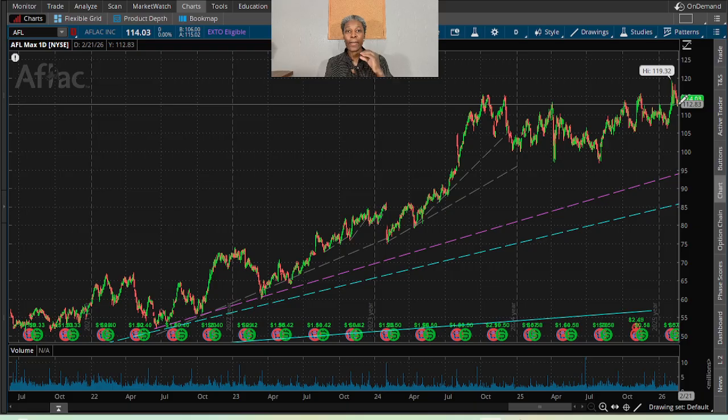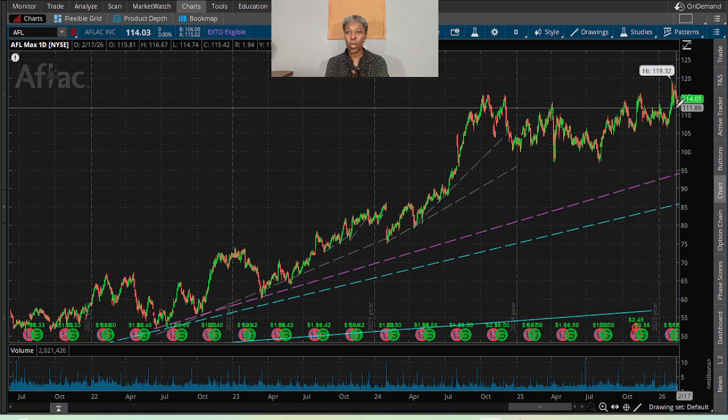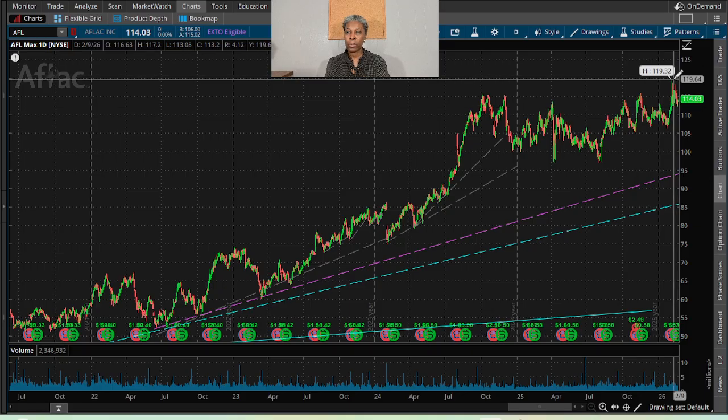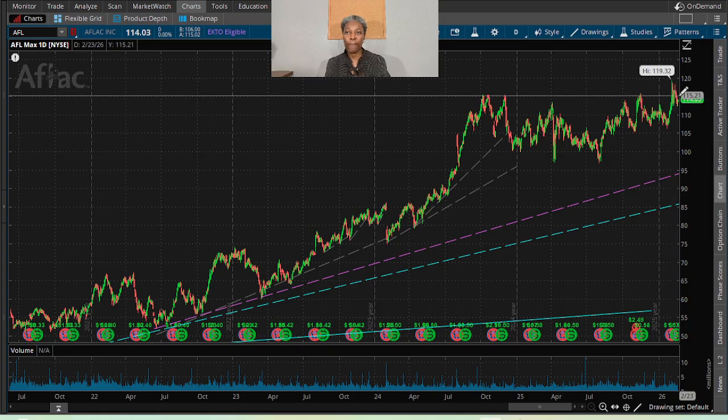Where the price came from and where it is right now, if it's higher than where it came from, you have a rise. But in this instance, where the price is right now is lower than where it is coming from. Therefore, we have a pullback.